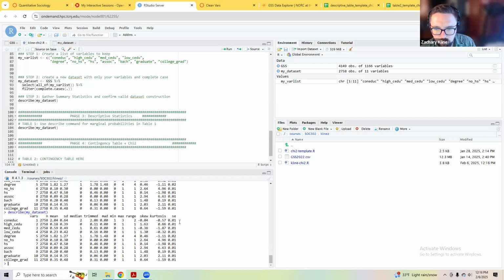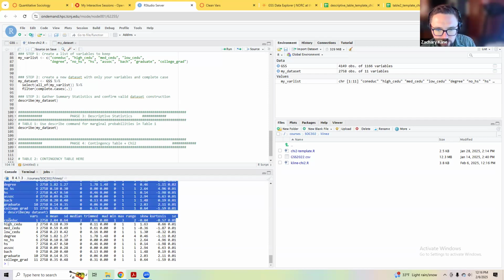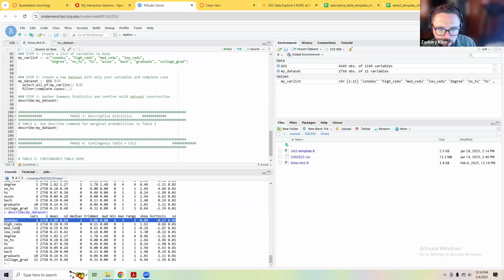So first off, let's look at the initial variable, CONEDUC. This shows descriptive statistics for this variable. This is a qualitative or categorical variable, where each of the values of the categories don't have a numerical meaning. Just because someone has a value of 2 for the variable CONEDUC doesn't mean that you can necessarily do math with that number. You can't say that someone with a value of 3 has a value that's one higher than someone with a CONEDUC of 2.